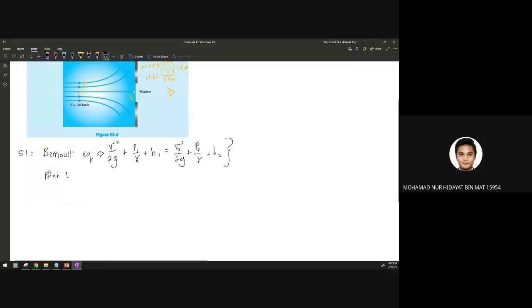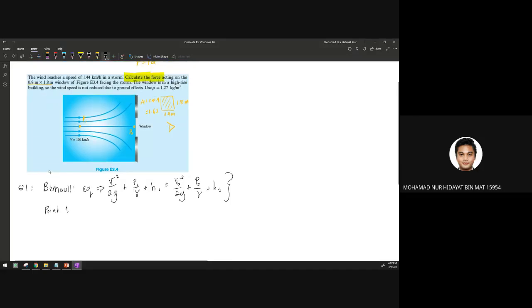So given here, at point number 1, is the velocity there? Yes, it is given. Is the pressure given here? This is what we call the pressure of atmosphere. For the pressure of atmosphere, we take the gauge pressure, which is equal to 0. So at point 1, pressure 1 is equal to 0.